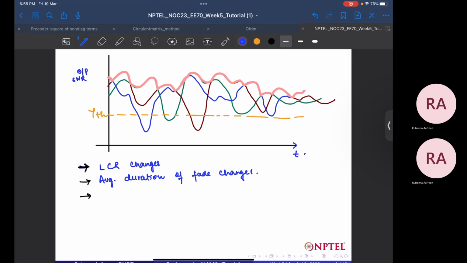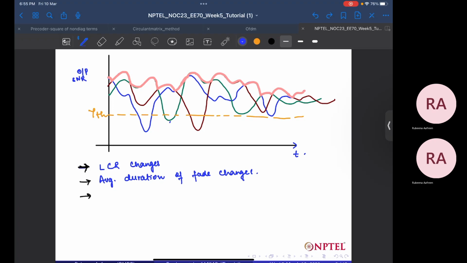Then the dynamic range of fluctuation is changing, right? See, from the first antenna, the dynamic range of fluctuation was from here to here. From the second, it was here to here. The third one was fluctuating from here to here, right? But now the equivalent signal is fluctuating only this much, right?